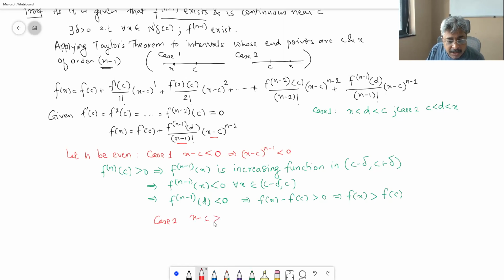Case 2: x minus c is greater than 0. Implies x minus c raised to n minus 1 is greater than 0.